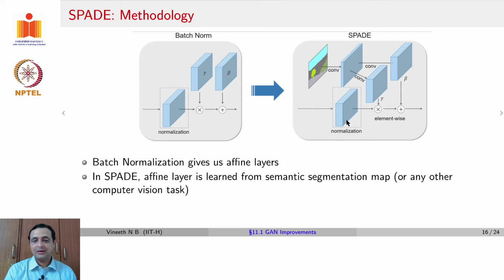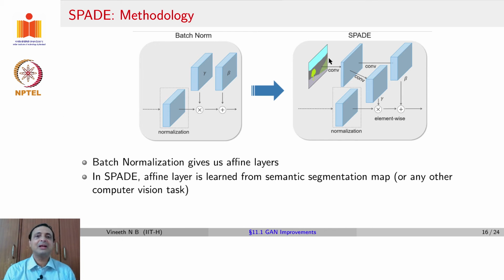So as you can see here, unlike blindly normalizing the output feature map in a specific layer, in this case the normalization is done in a spatially adaptive manner, where the gamma and beta come from the spatial relationships in this semantic segmentation map. What is the semantic segmentation map?